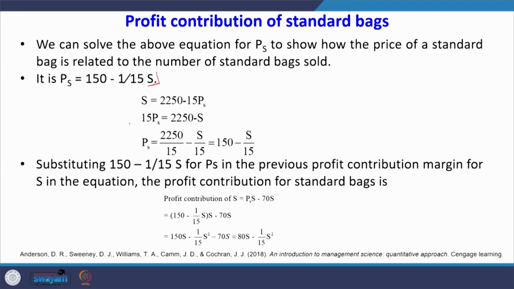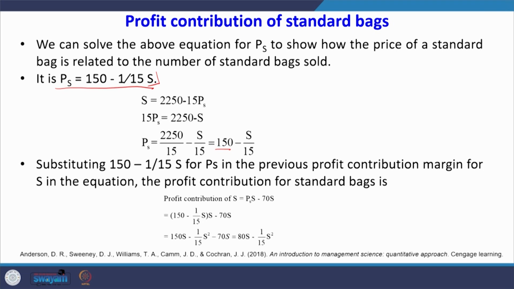Bringing 15 PS to the left-hand side, 15 PS equal to 2250 minus S. Then to simplify PS, the whole expression has to be divided by 15. So 2250 divided by 15 minus S by 15, which is equal to 150 minus S upon 15. That is what we got: PS is 150 minus S upon 15.